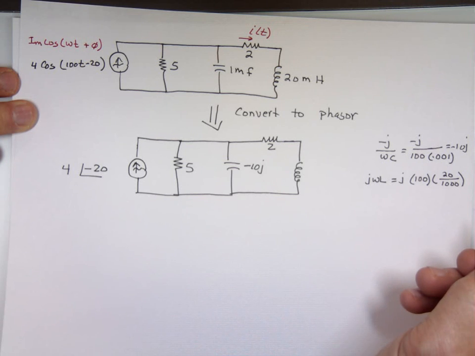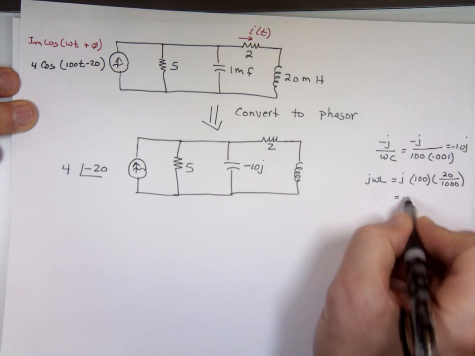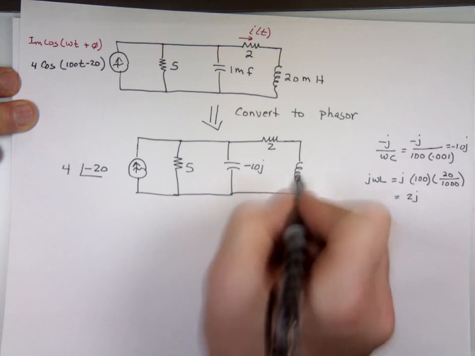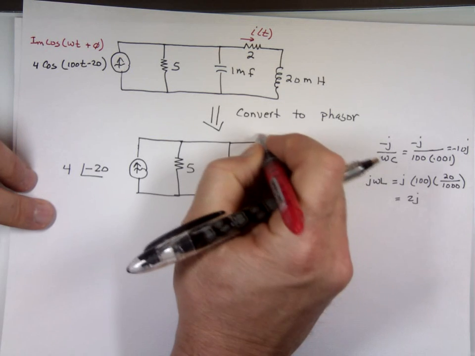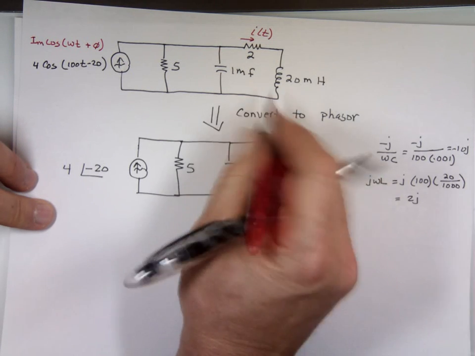Is that 2? I think 2J, right? Yep, that's a 2J. And I'm looking for that one. What's I?